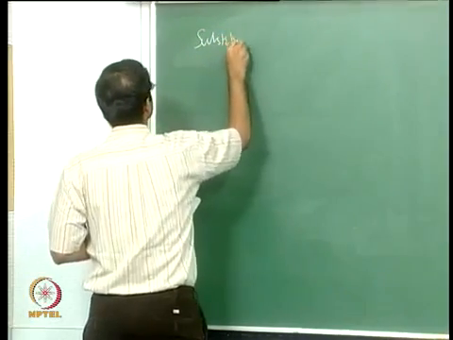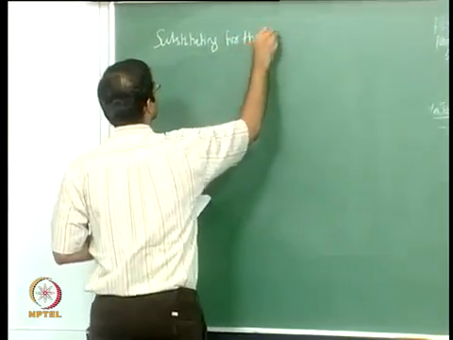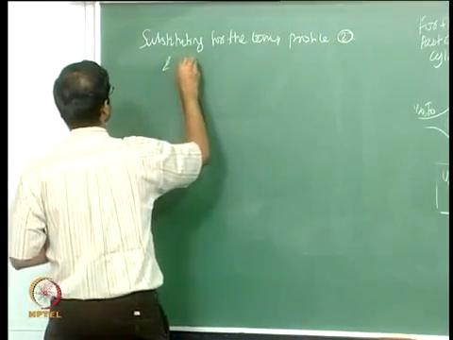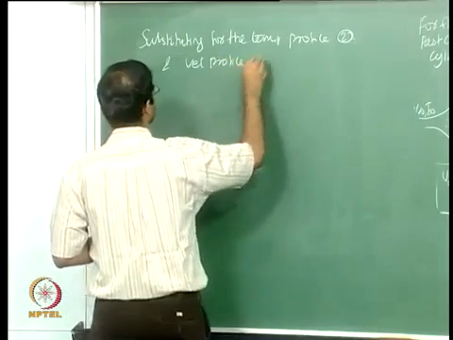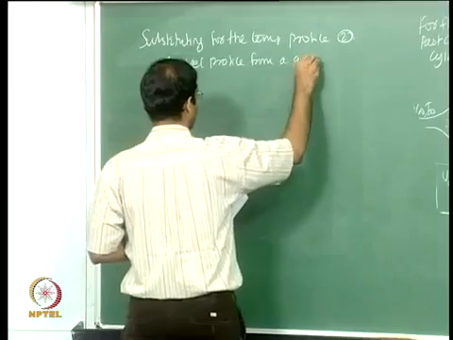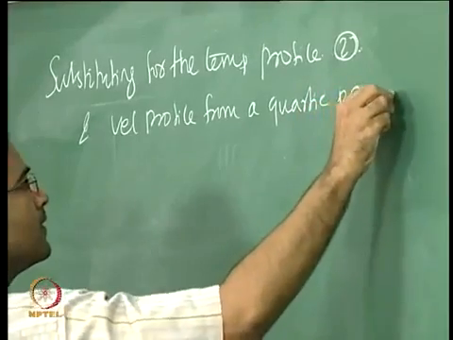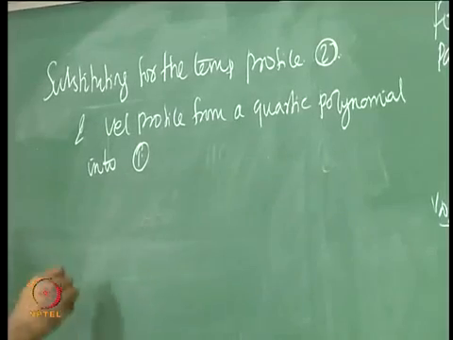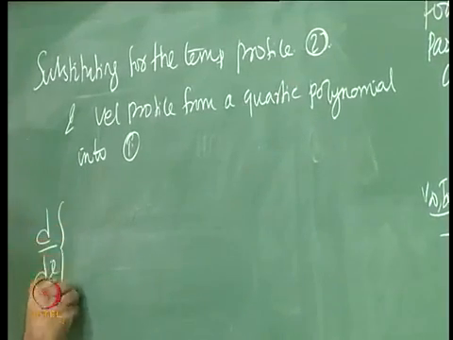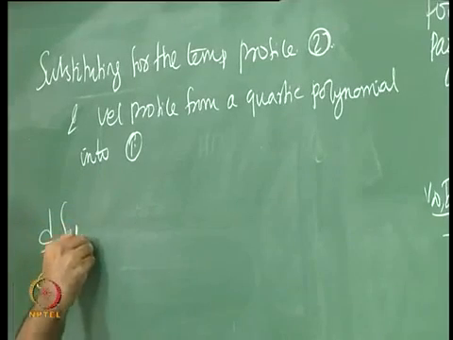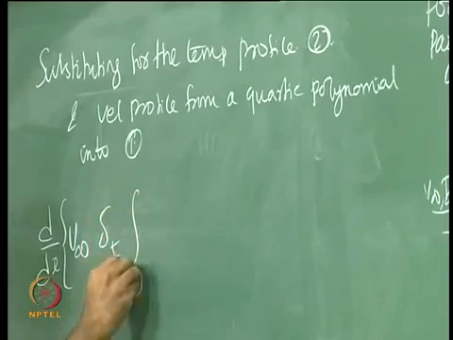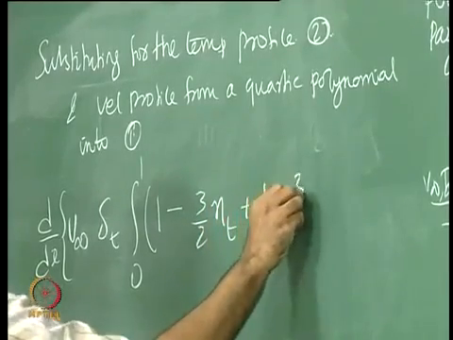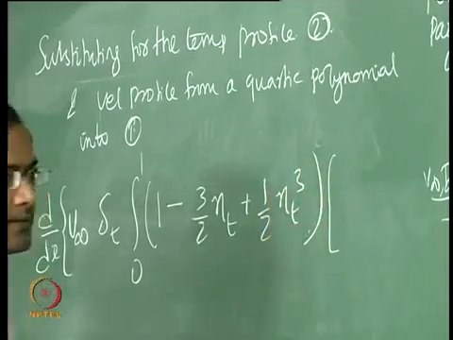So substituting for the temperature profile 2 and the velocity profile from the quartic polynomial into 1, I have d by dx. I am taking my u infinity to the left hand side. I have delta t, integral 0 to 1 of 1 minus 3 by 2 eta t plus 1 by 2 eta t cube, times the velocity profile u by u infinity.